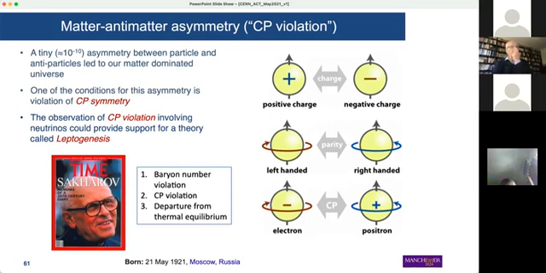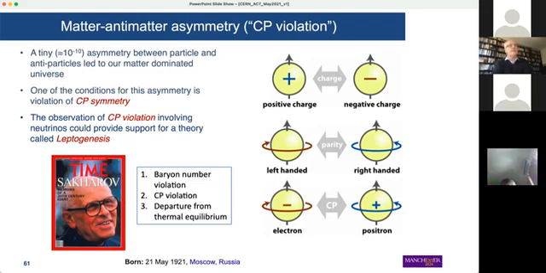Now, the violation of this CP symmetry is important because it is one of the Sakharov conditions. And just as an aside, Sakharov, shown in this picture here, was born almost to the day 100 years ago, so there are some celebrations happening this week.